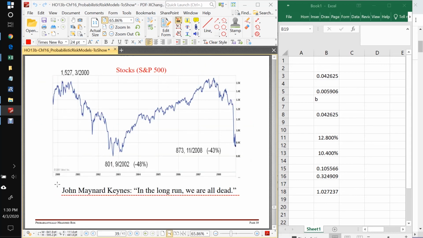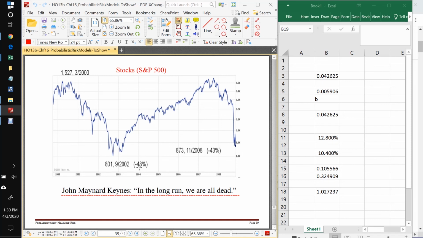Now I've got my blow up from 2000 to the Great Recession in 2009. If you don't have a very long investment horizon, this could happen to you. You're up here, and then just a couple years later, you go from 1,500 and change on the S&P down to 801.